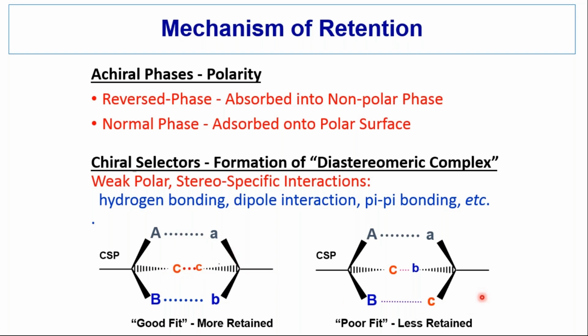If the fit isn't so good, we may get retention from, say, the hydrogen bonding, but the pi base and the dipole may not fit as well as the pi acid and pi base, and same thing here with the pi acid and the other dipole. And so we may get less retention, less good fit, and so it's less retained.